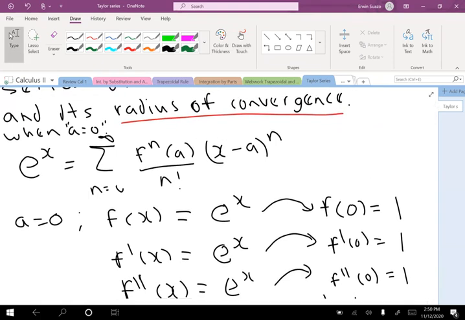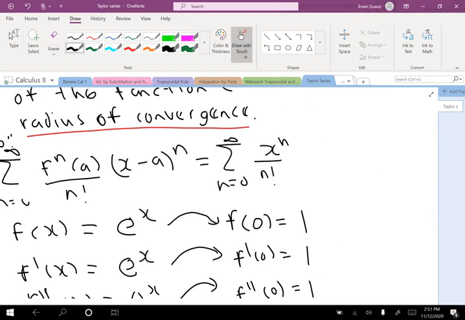So really, this is the sum, n equals 0 to infinity, of f^(n)(0), which is just 1, over n factorial, and since a is 0, you get x to the n.